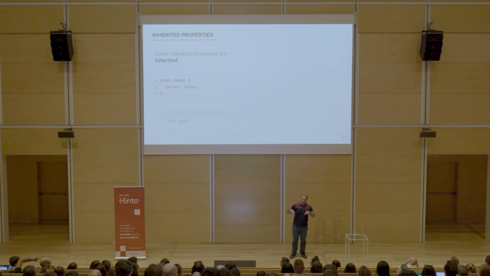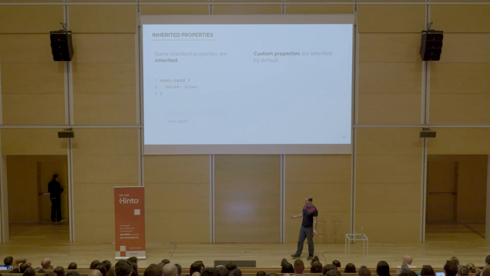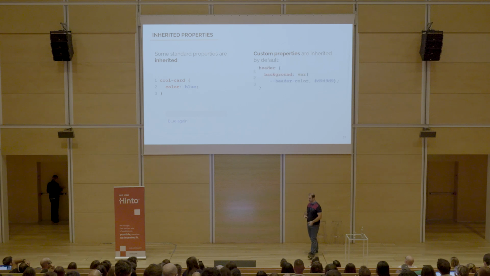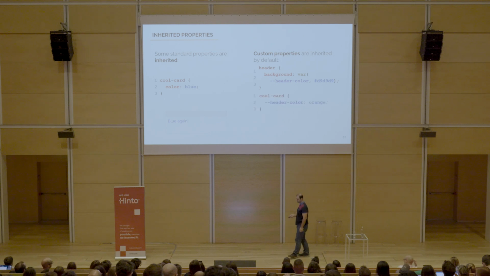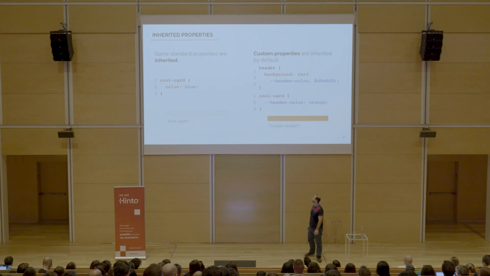It is inherited inside the shadow DOM. And what other properties are inherited? Custom properties. You can use a custom property to define a default style, but we can override the value, so we can have, again, something orange for some reason.